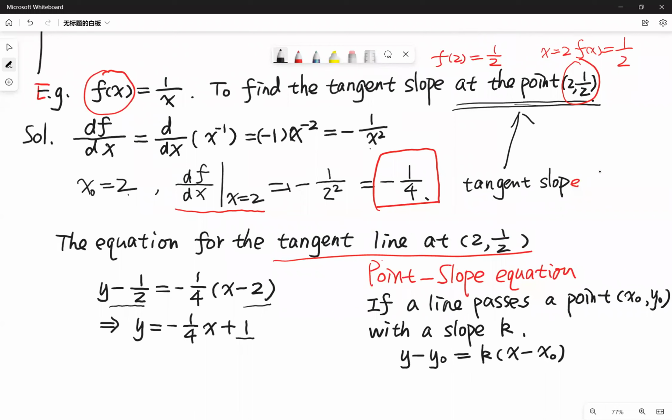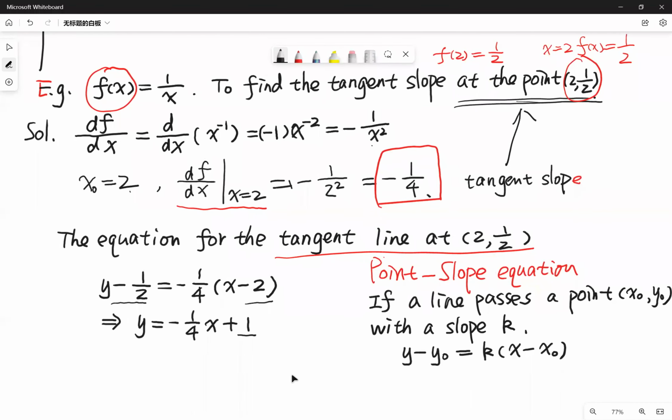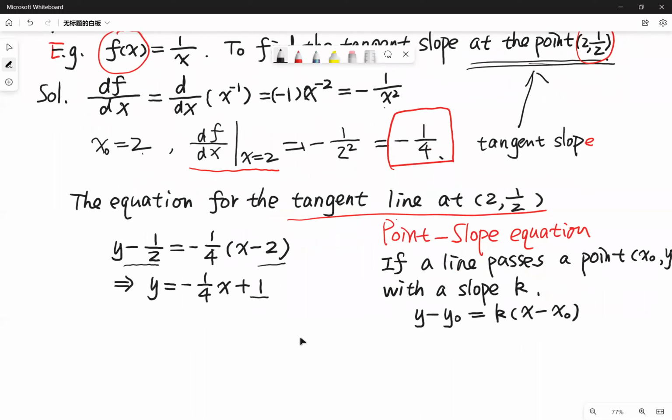And can you do an exercise to practice this one? Yes, Laoshi. Okay. Now, here we know the function f(x) equals x cubed.